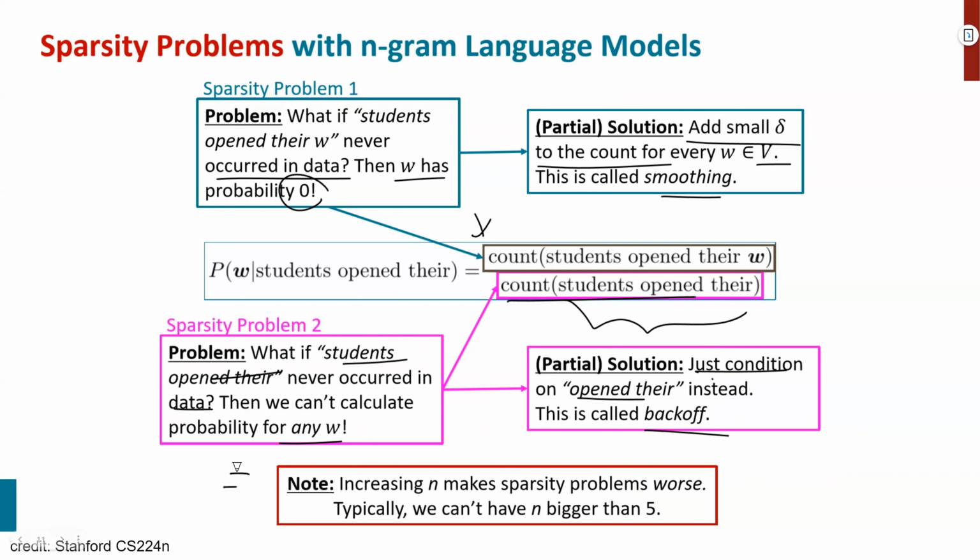The thing you need to note here is that increasing n makes sparsity problems worse. Typically, we can't have n bigger than 5. This is because n-gram does not think about the context or the meaning of the words, but only about the frequency. That is the problem. The semantics are ignored in this case.